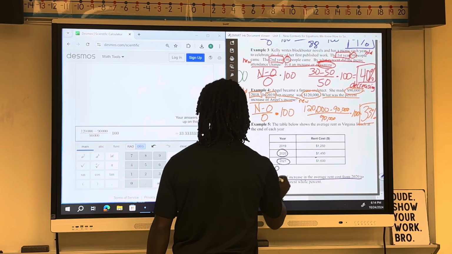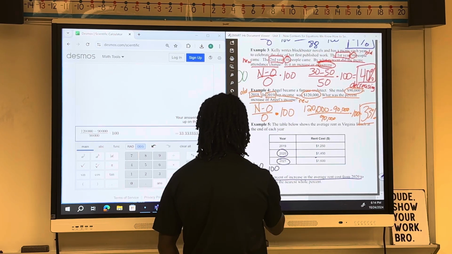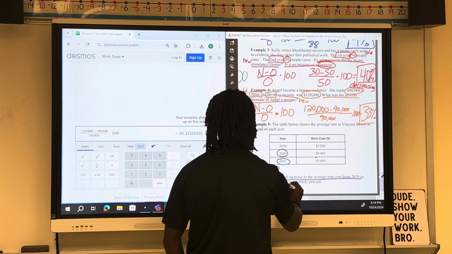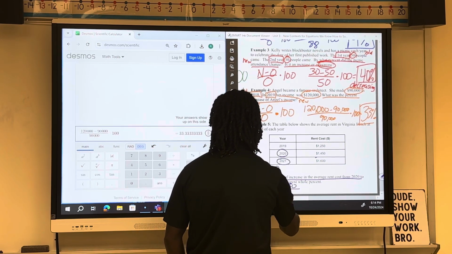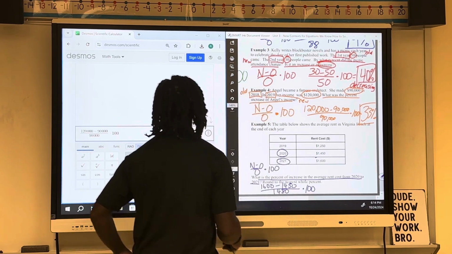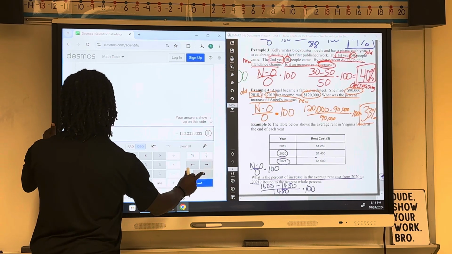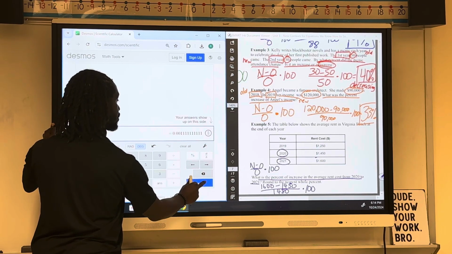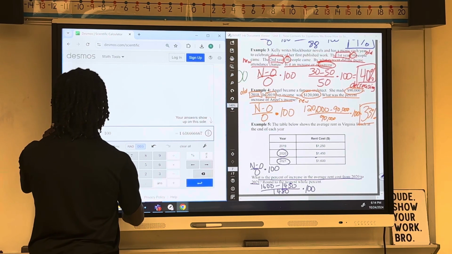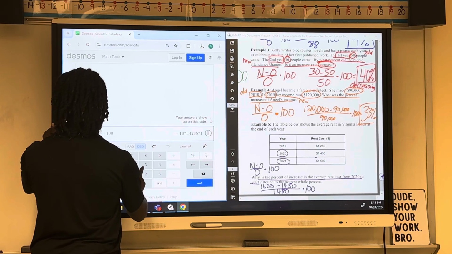So new minus old over old, times 100. All right. So the new would be the 2021. So that's 1600 minus 1450 over 1450 times 100. $1,600 minus 1450.